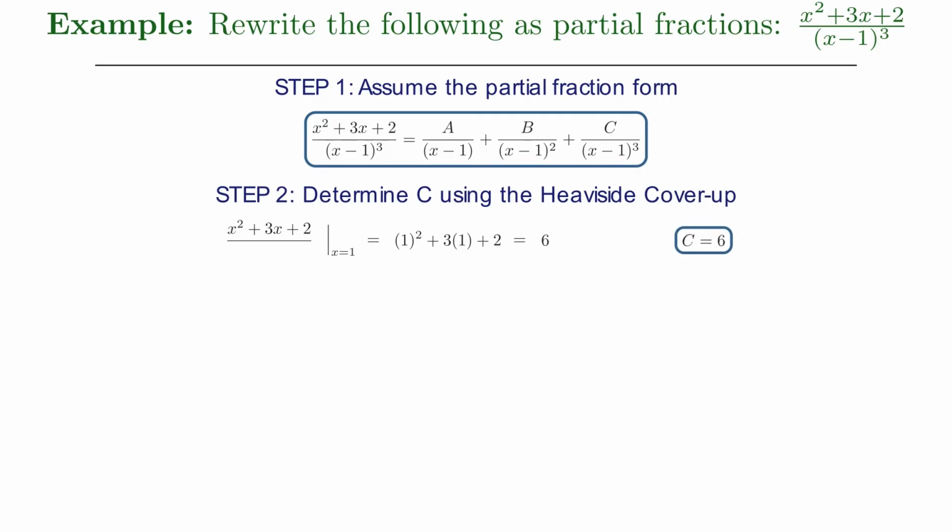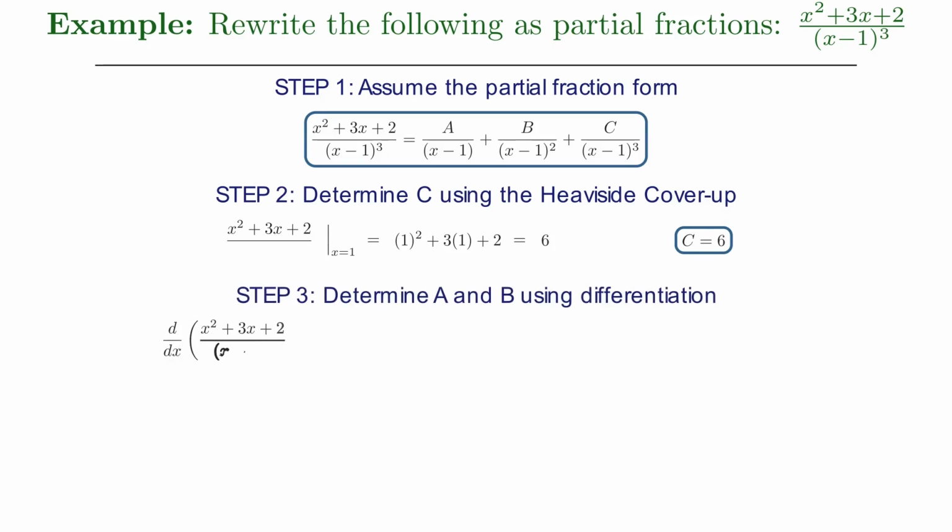To find the values of A and B, I need to use differentiation. To find the next power down from the highest power, I take the left-hand side expression, x squared plus 3x plus 2 over x minus 1 cubed, and cover up the factor relating to B, the x minus 1.